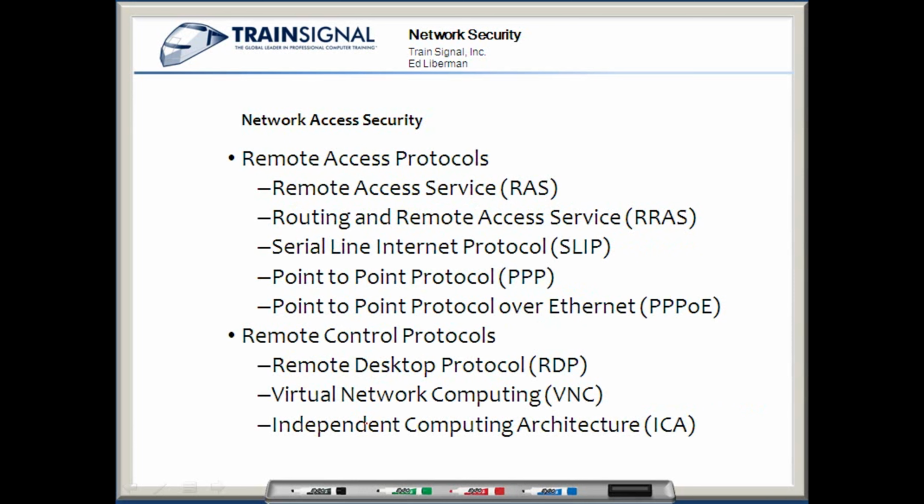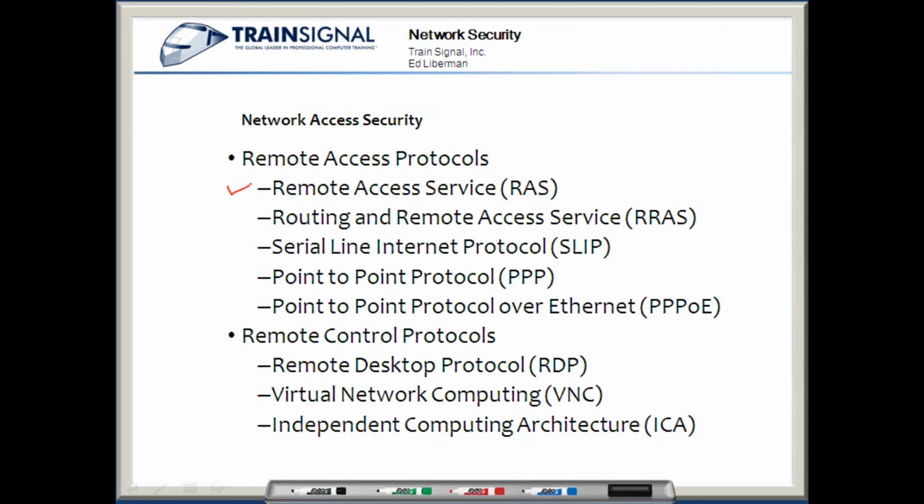All right, the last component with regards to network access security has to do with our remote access protocols. And really, I'm going to break this down into two areas. We have our remote access protocols and then our remote control protocols. So just going down the list here, we first of all have RAS, which is simply the remote access service.